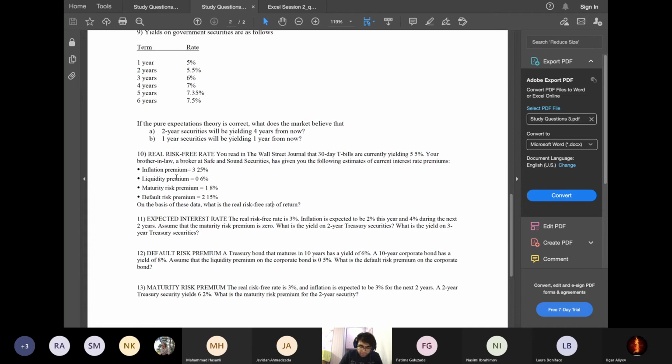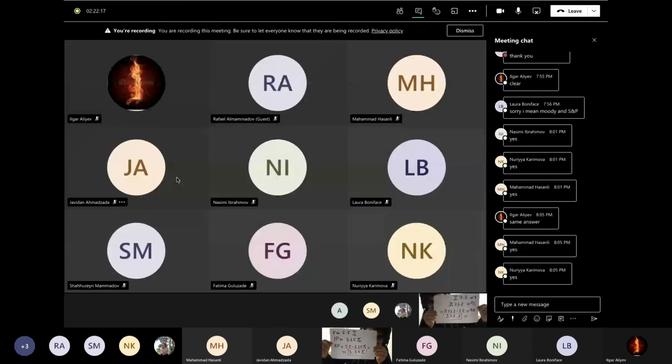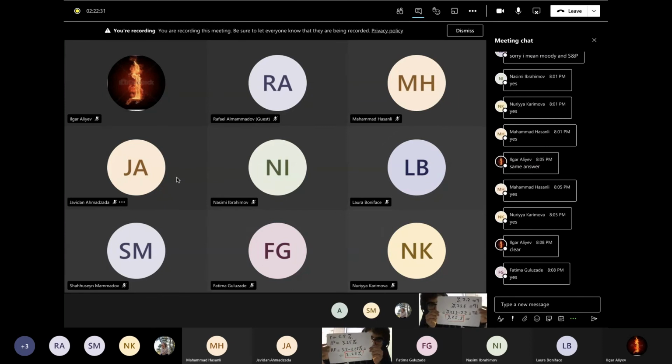So our risk-free rate, RF, is equal to 5.5 minus 3.25%, equal to 2.25%. You see? Is it clear? Did you get the same answer? Clear.